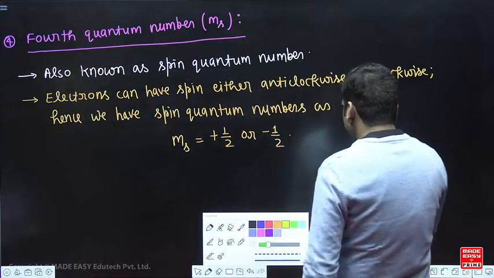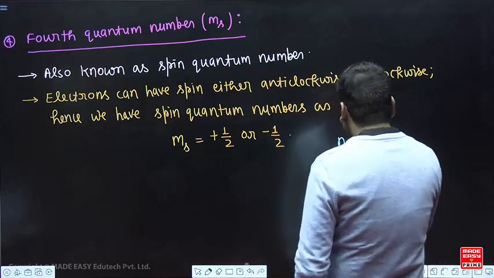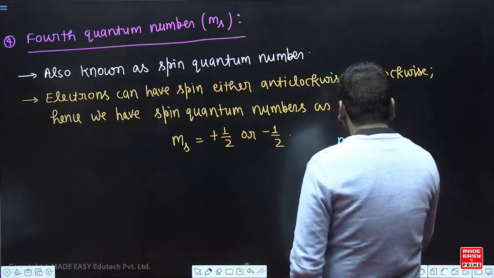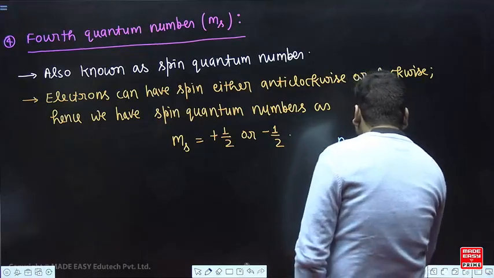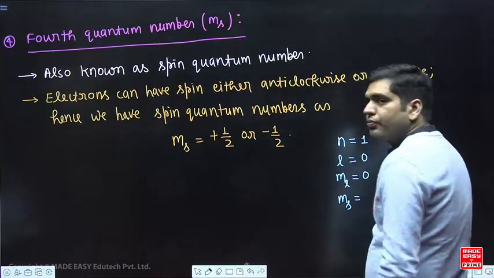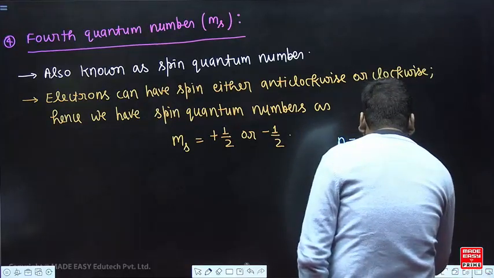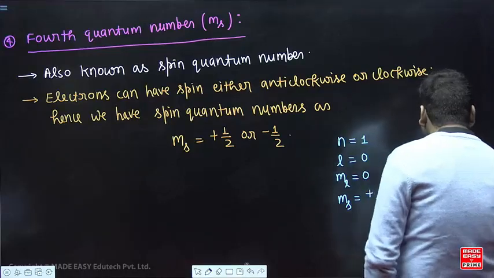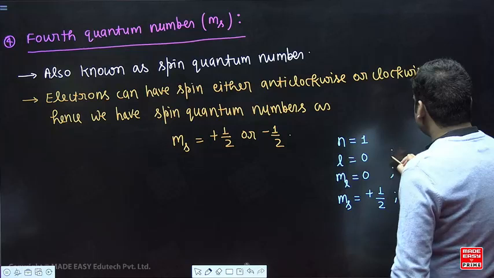So at n is equal to 1, first quantum number, then L should be equal to 0, ML should be minus L to L, that is 0. Then MS has 2 values, plus half, let us suppose for anti-clockwise, and then minus half for clockwise. It means we have 2 electrons at this position.